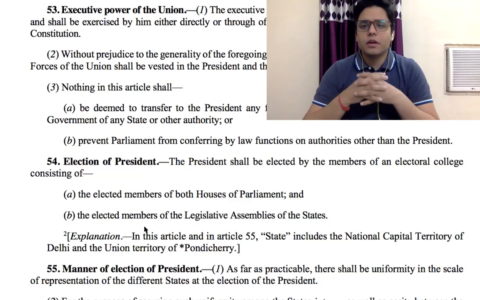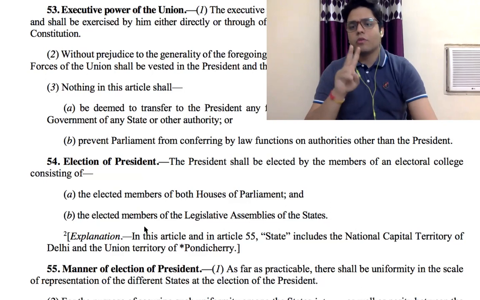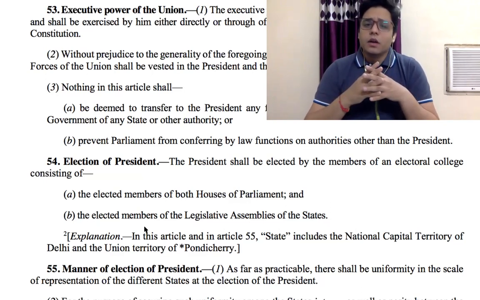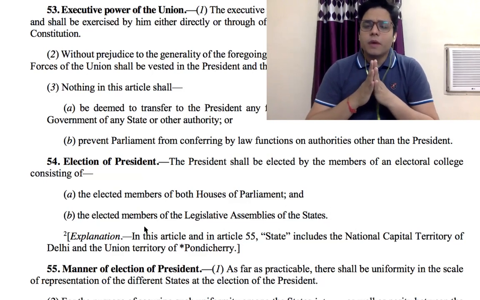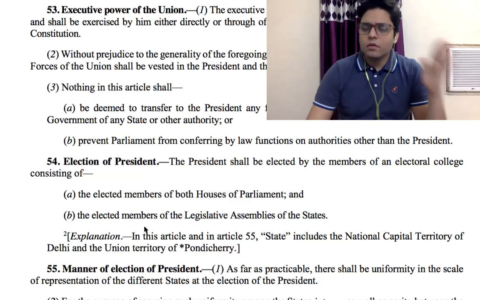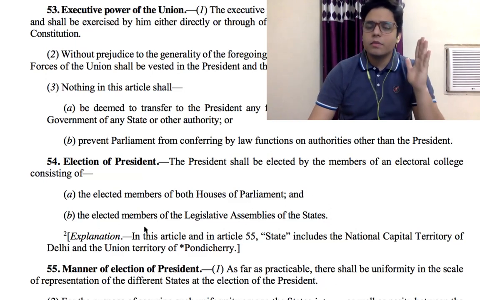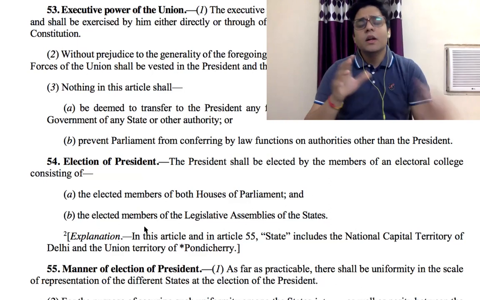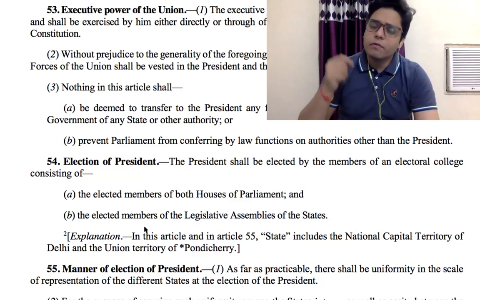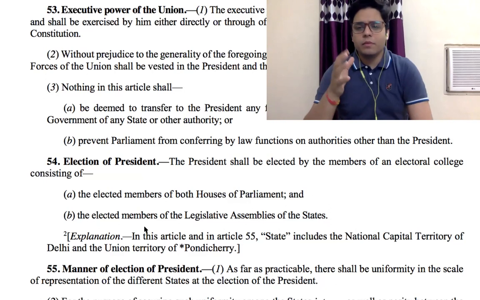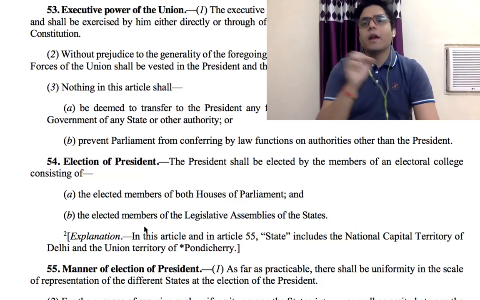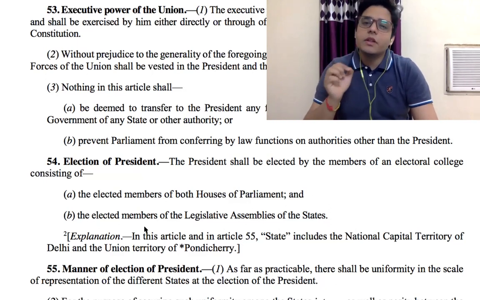Okay, so the process is designed with two rules for constituting the electoral college. The first is that members of Parliament have their voting power in the election of the president. As far as the elected members of legislative assemblies are concerned, though they have the power to vote in the presidential election, the value of their vote varies depending on the population they represent.